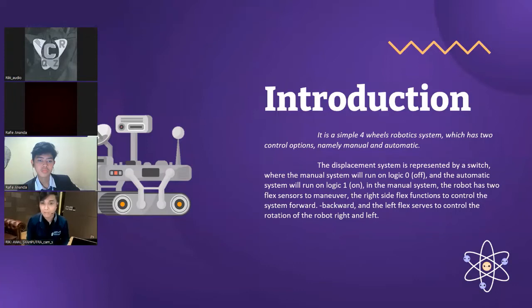The mode change is represented by a switch. In manual mode, the flex sensors are used to maneuver: the right flex sensor controls the system going forward and backward, and the left flex sensor controls the rotation of the robot to the right and left. Next.